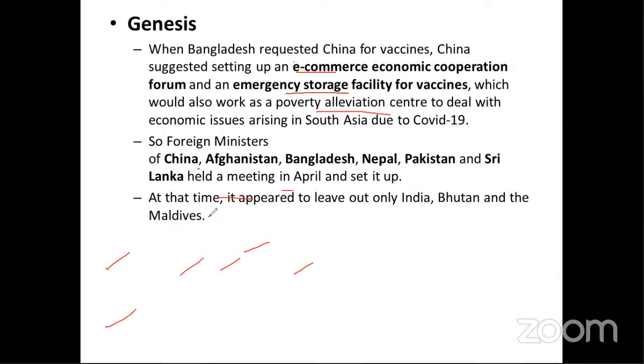Vaccines should be available very easily for each and every member. And those who have become poor because of COVID-19 and lost their jobs, there are many families with only one breadwinner who died because of COVID-19, so they are given some financial access. So they set up this initiative.